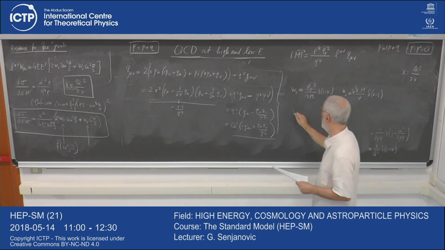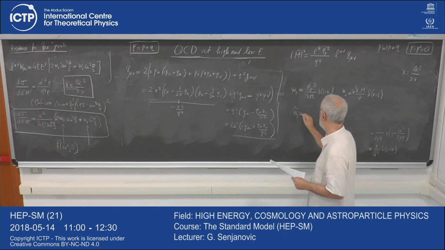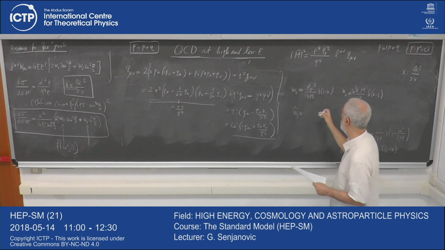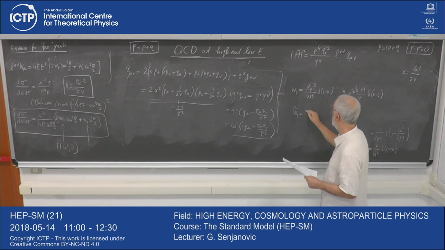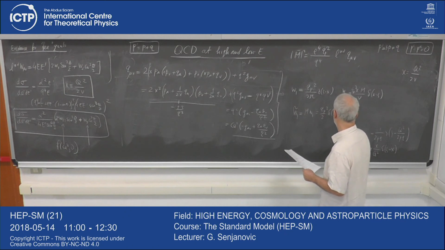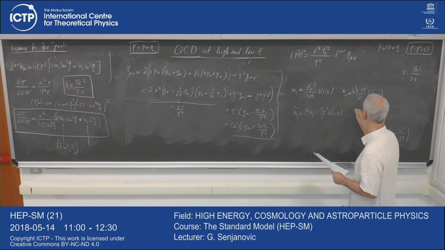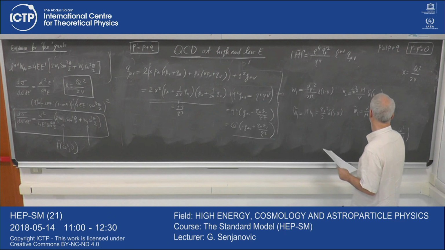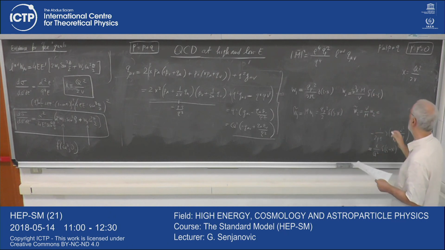So what people introduce, there was a particular combination of these two. You multiply this: W1 tilde is m W1, which is qp squared over 2 delta of c minus x. W2 tilde is nu over m W2. You will see why they are a little more convenient.